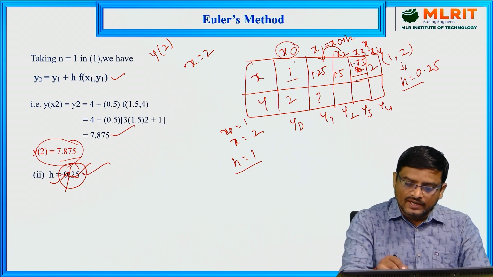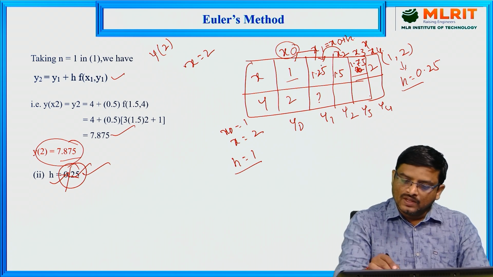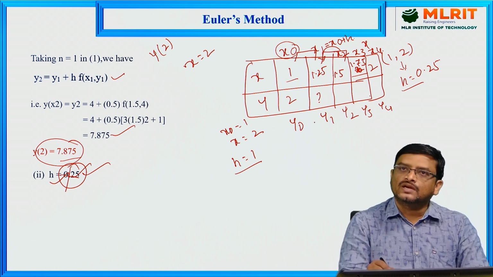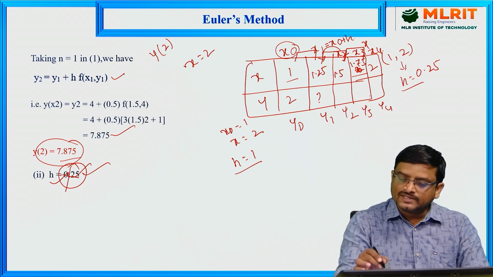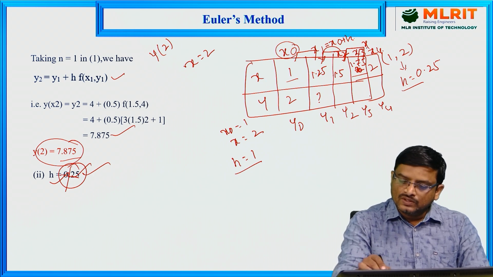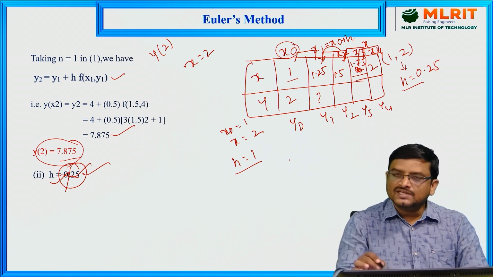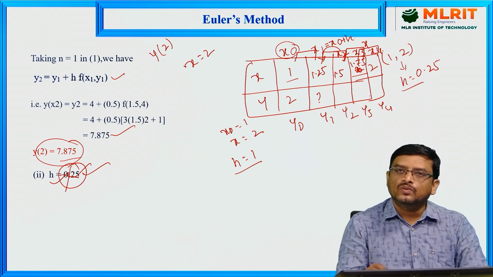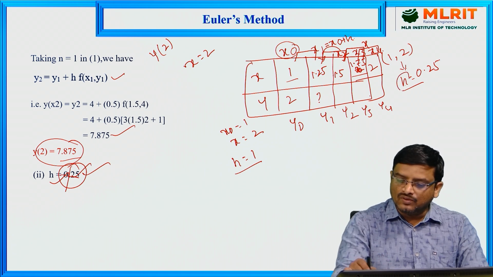So x naught and x1 is one interval whose length is 0.25, and x1 and x2 is another interval whose length is 0.25, and x2 and x3 is another interval whose length is 0.25. So these are the subintervals here. According to h value, we have to divide that interval into subintervals. The length of that subinterval must be equal to the value of h.